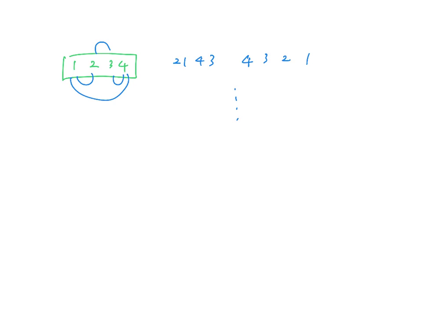And for an odd permutation, you just interchange once or 3 times. For example, you interchange these two.